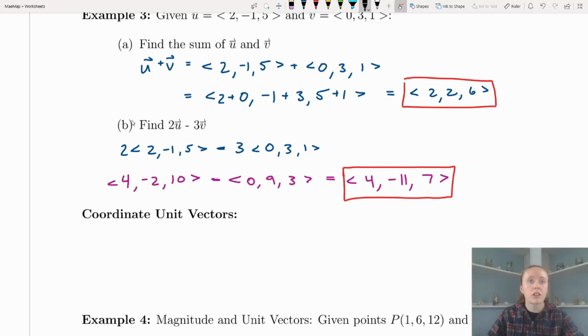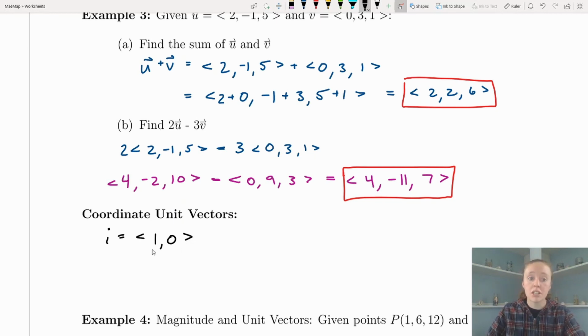Well, first of all, what's a unit vector? Remember, a unit vector is a vector with a length of 1. So if we're doing coordinate unit vectors, we want a vector with a magnitude or length of 1 in the direction of one of our coordinate axes. So i, if you remember in 2 dimensions, was 1, 0.